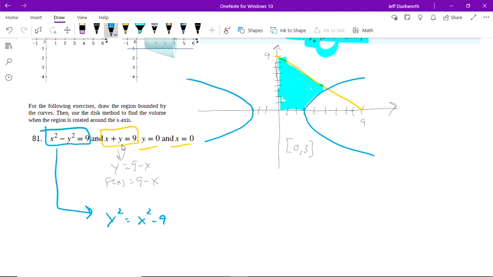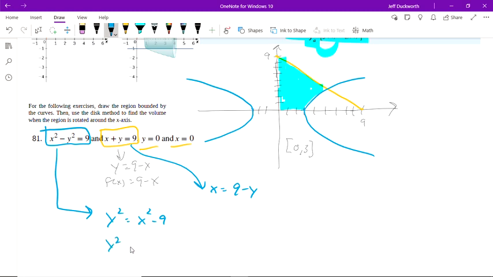So here we have x is equal to 9 minus y. So we want to know where these are going to be equal, so let's plug these in.